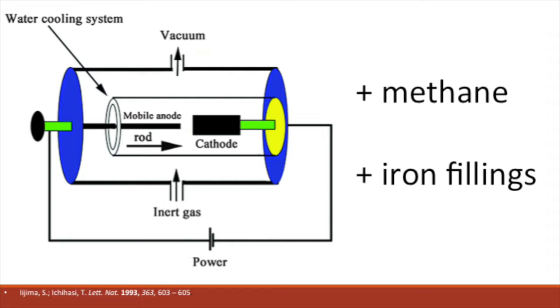This involved adding methane gas to the evaporation chamber and solid iron filings on top of the cathode, where upon discharge the iron would melt and form an iron vapor. Ijima created this technique based off the catalytic role iron played in the production of carbon fiber at that time. However, he was uncertain as to exactly how the presence of iron preferentially assisted the formation of single-walled carbon nanotubes.